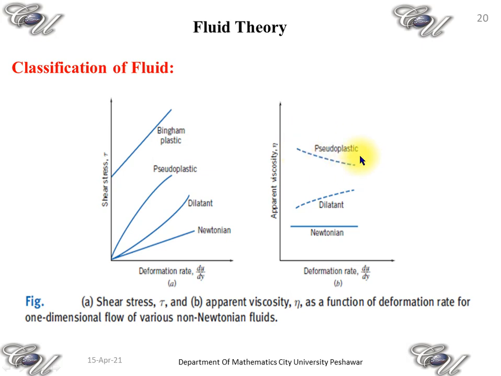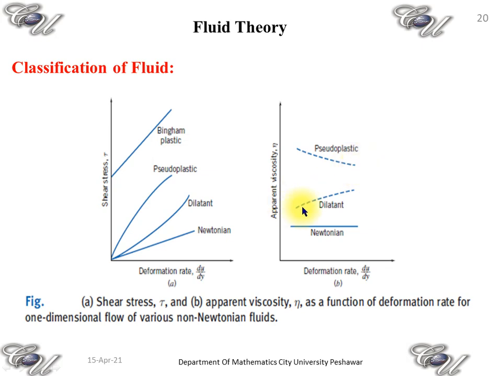For example, paints: when you apply the brush as a shear stress, the paint becomes thinner. So it means its viscosity is decreasing.